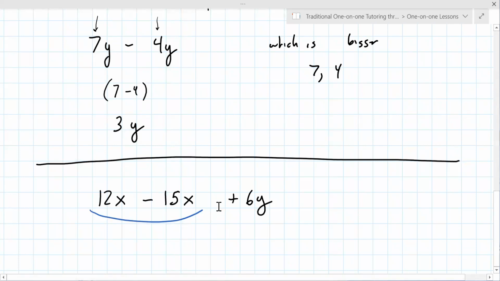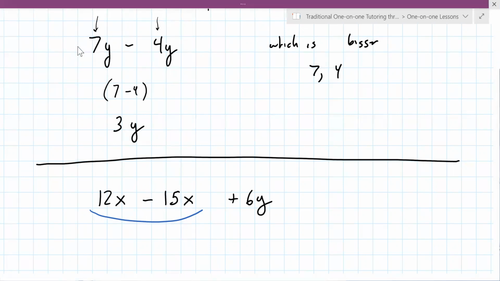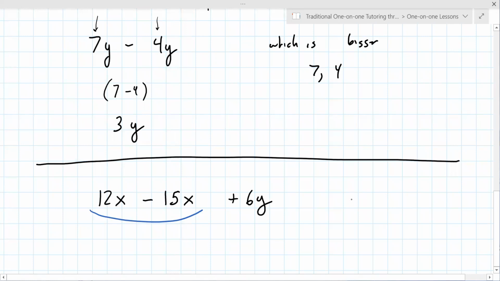So 15x is the biggest. We look at the numbers 12 and 15 without the sign.